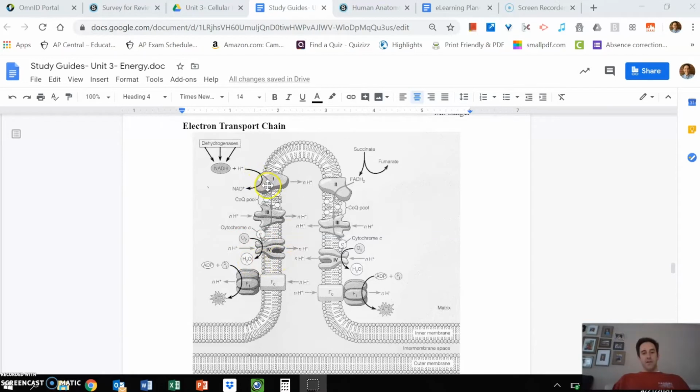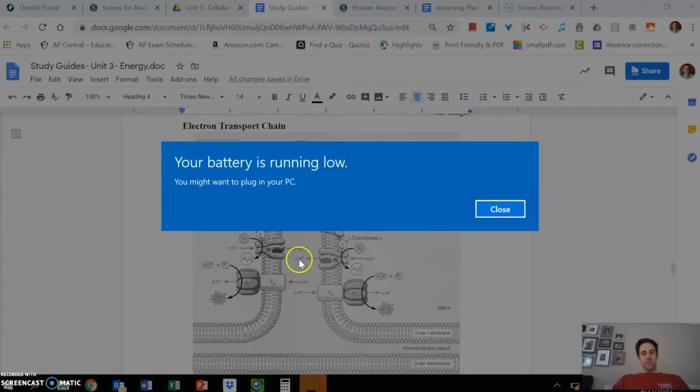And because each of these proteins is slightly more electronegative than the last, energy is given off every time an electron is passed down this chain, and that energy is coupled with the endergonic movement of hydrogen ions against their concentration gradient. So we get this huge buildup of hydrogen ions on the inside of the inner membrane space.